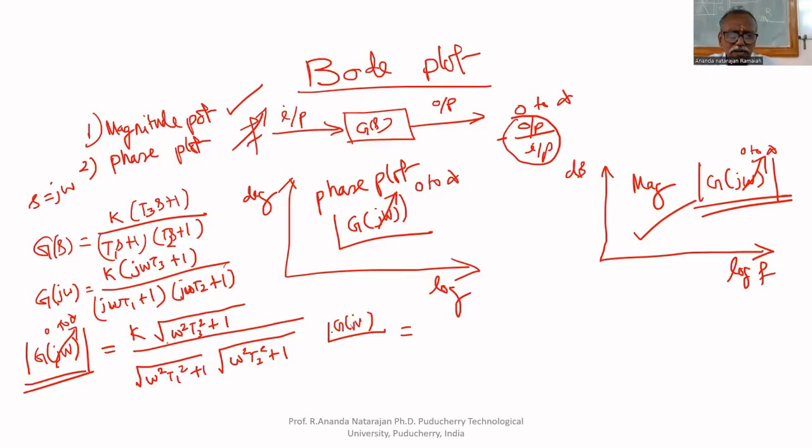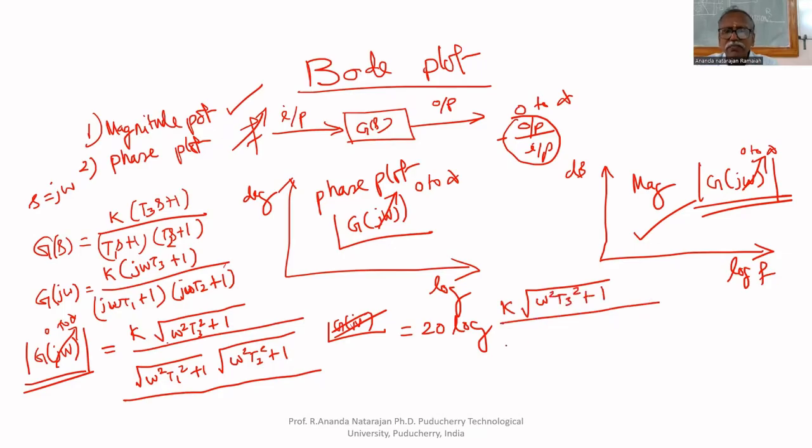One more point we have to consider: this is in linear scale, and we need logarithmic, decibel scale. To convert this into decibel scale, we take 20 log of K divided by the square root of omega square tau 1 square plus 1 times the square root of omega square tau 2 square plus 1. Log means multiplication becomes addition.